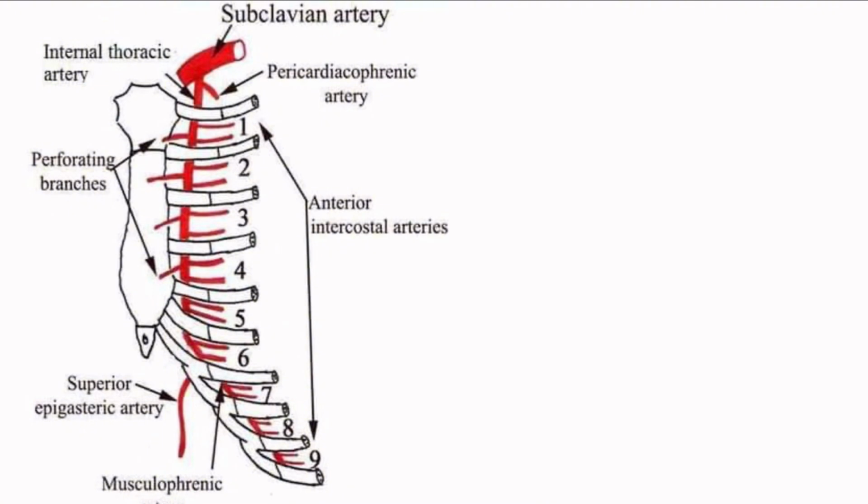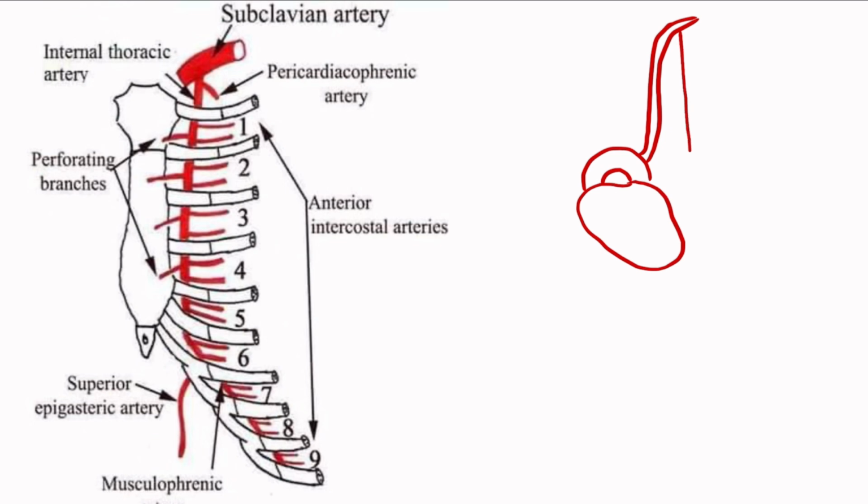See, here's your heart. The heart gives rise to the aortic arch. From the aortic arch arises the subclavian artery, right? The subclavian artery gives rise to the internal thoracic artery, which is present where?